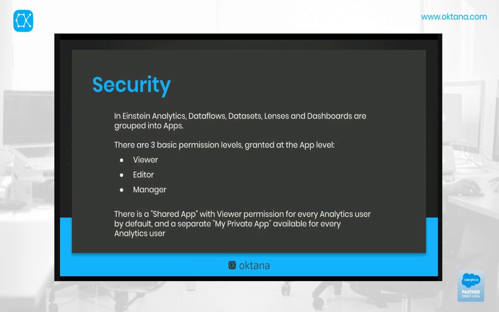Apart from those, you can have other applications that will by default be private for the owner, but administrators also have manager access to them. So you can be a normal user, and an administrator can make changes to your application if it's not in the My Private app.